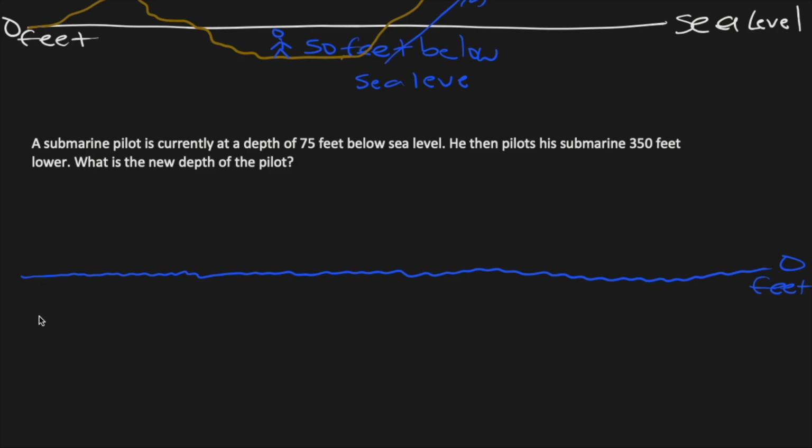So I'm going to approximate that 75 feet is somewhere here. It's my submarine, and I'll just draw my propellers. Here the submarine is at 75 feet below sea level. So here's my negative 75 feet.